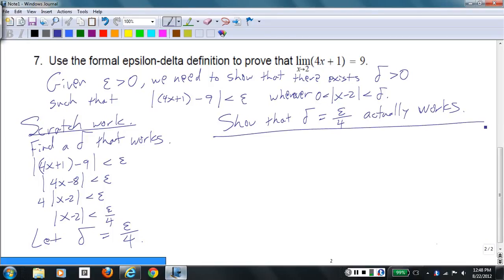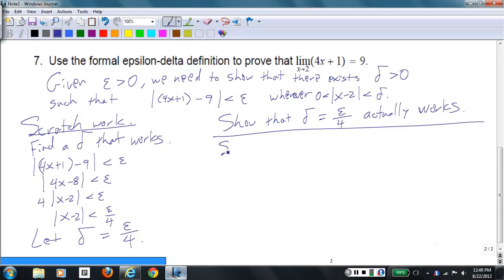So we got our scratch work. The scratch work produced a delta. So we think maybe, yeah, if we decide how close 4x plus 1 needs to be to 9, then divide that by 4 and make sure x is no farther away from 2 than that. So show that epsilon over 4 actually works.